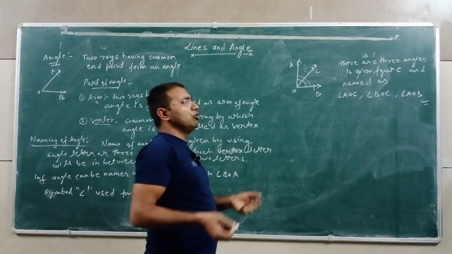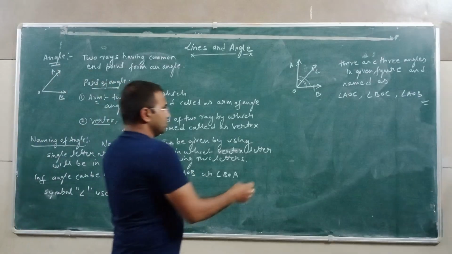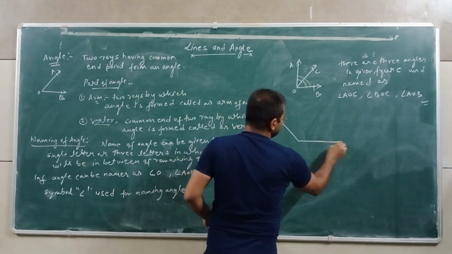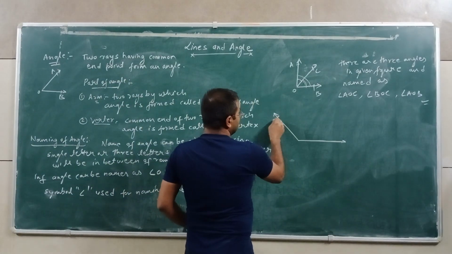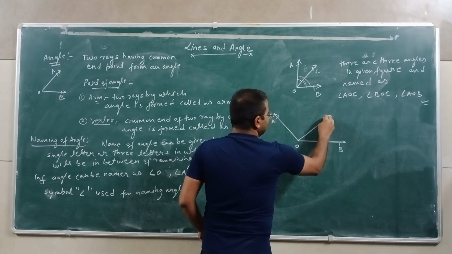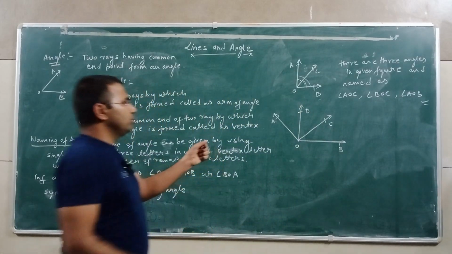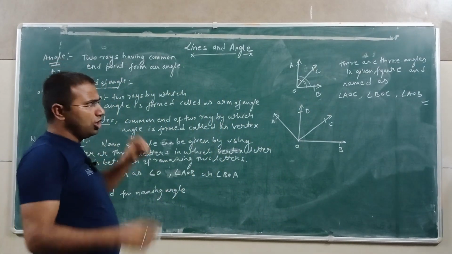You have to tell how many angles are there, and you have to write the name of each angle. So see here. Suppose this is AOB. Now here one ray C. Now here one ray D. Now you have to tell how many angles are there. So how will you tell?